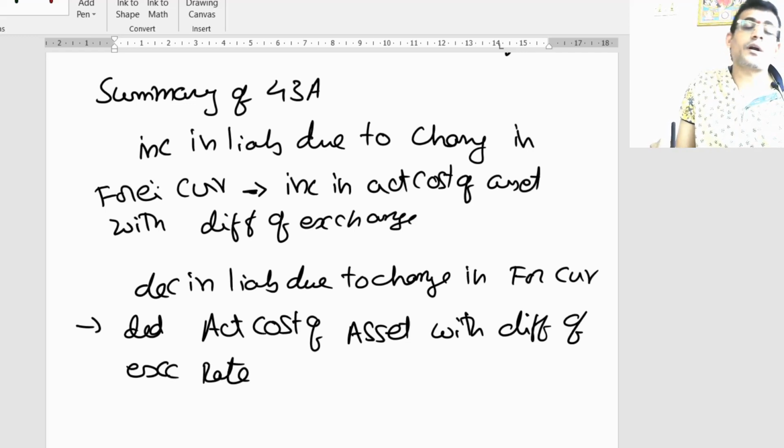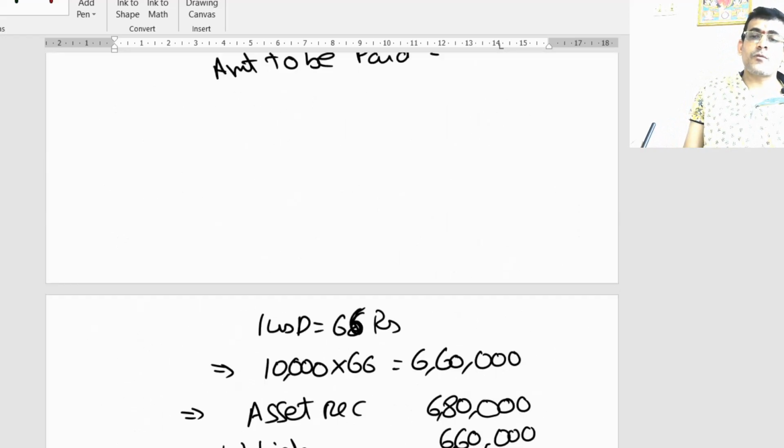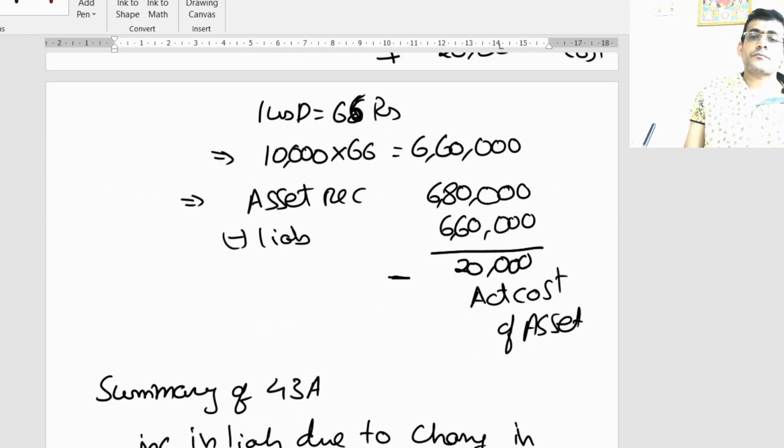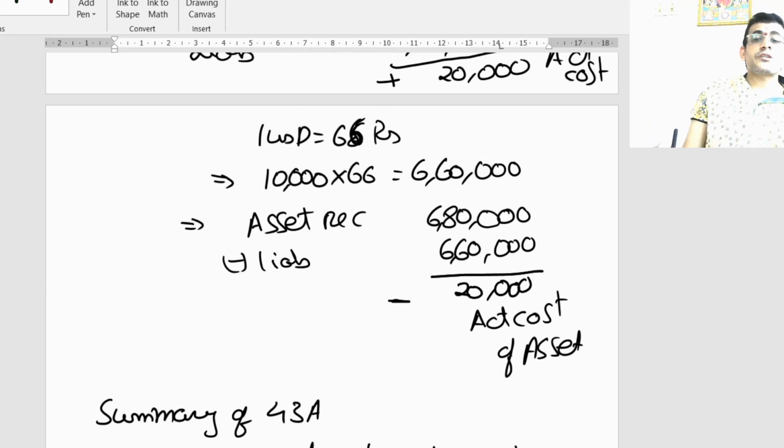In the second example, the asset was recorded at 6 lakhs 80, and due to change in foreign currency your liability got reduced, so I need to reduce my actual cost of the asset by the difference, which is 20,000.